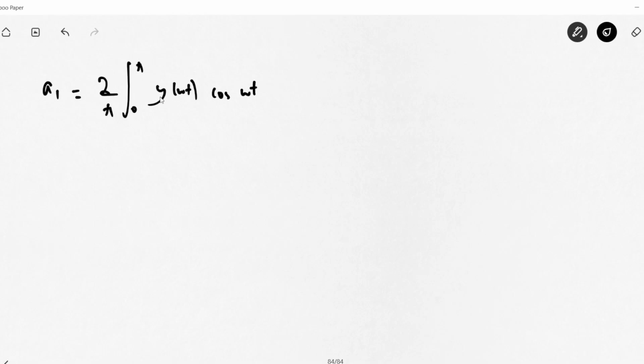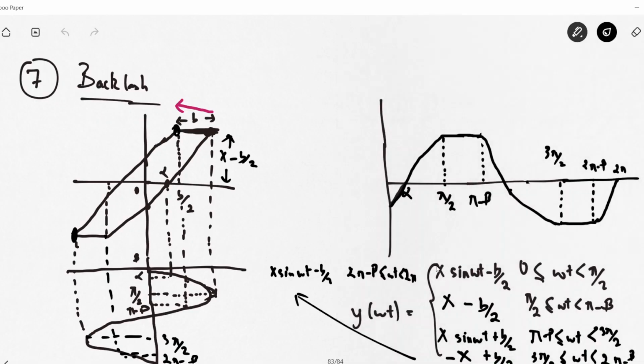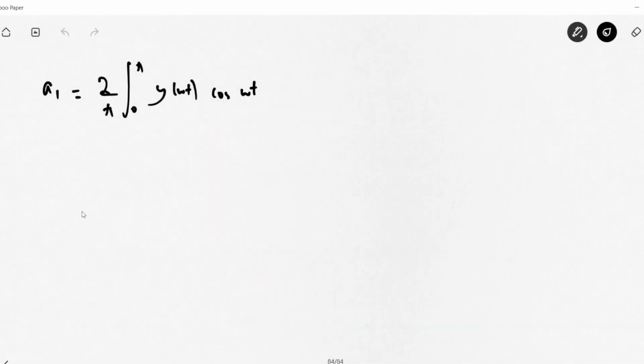We are only looking up to pi, so it will be 0 to pi by 2 to pi minus beta, and pi minus beta to pi. So that will be covering these first three values: x sin omega t minus b by 2, x minus b by 2, and x sin omega t plus b by 2. So you will substitute that.